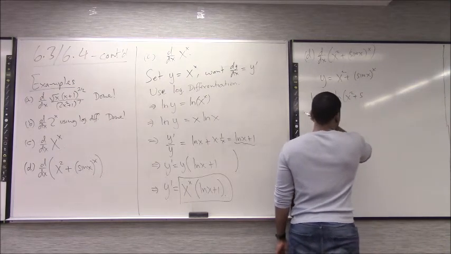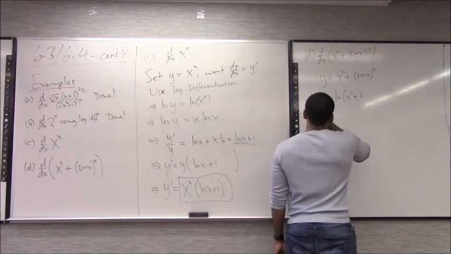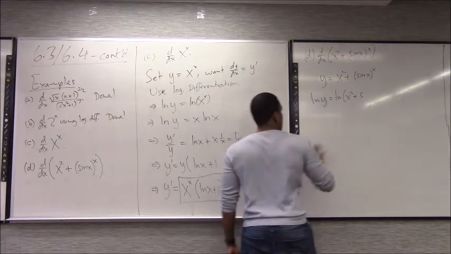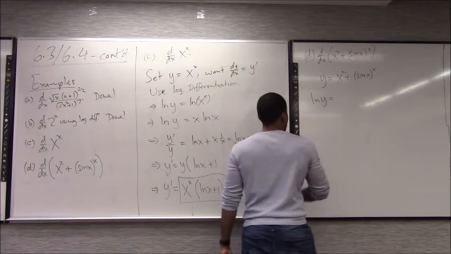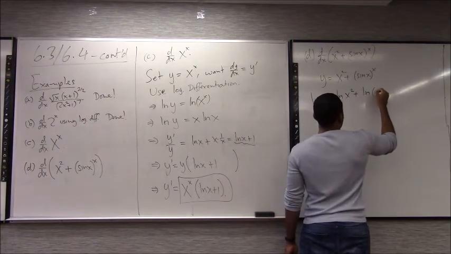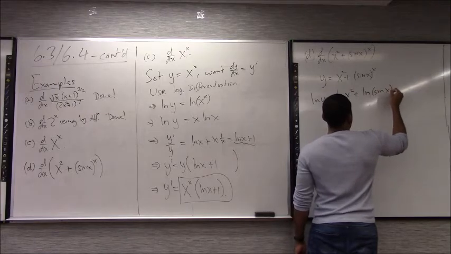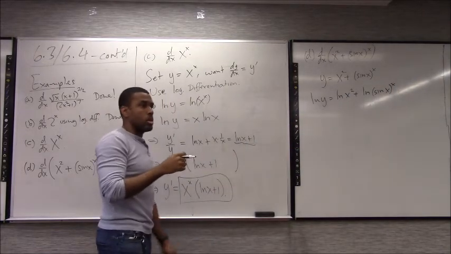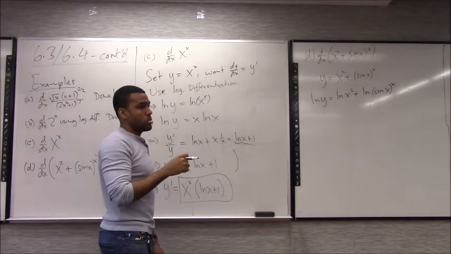What would I get here? Did I just take the ln of each one? Would you take the natural log of the whole thing in parentheses?